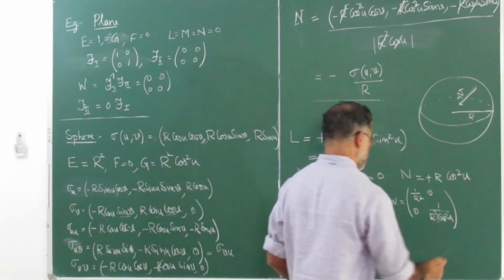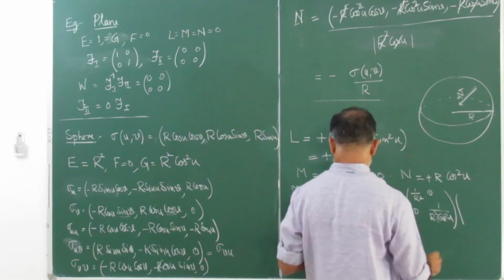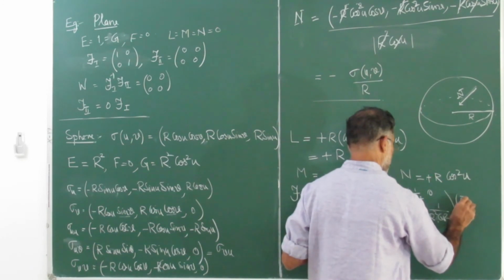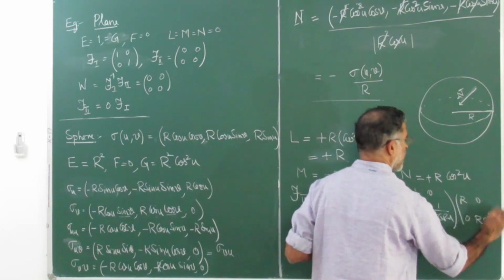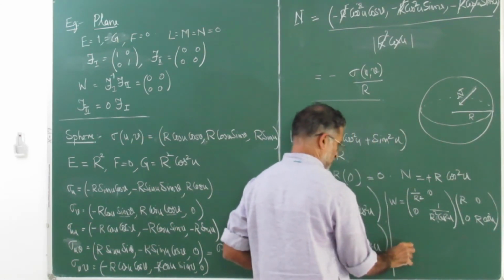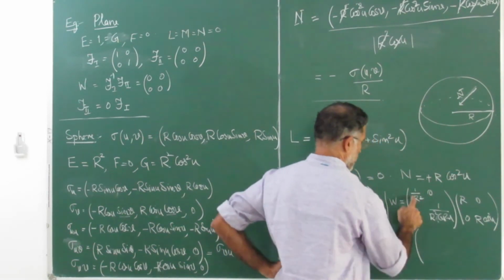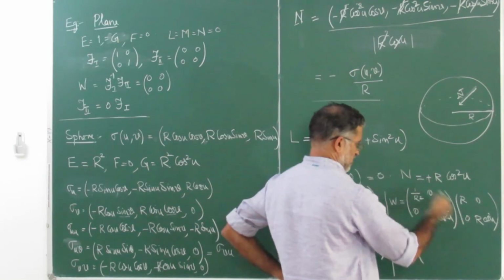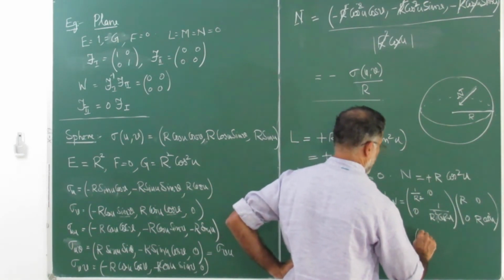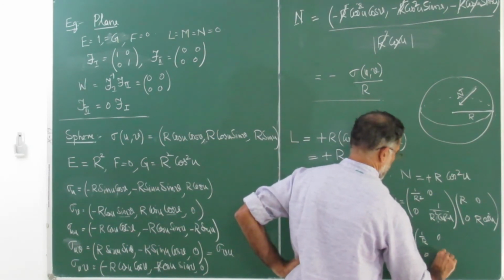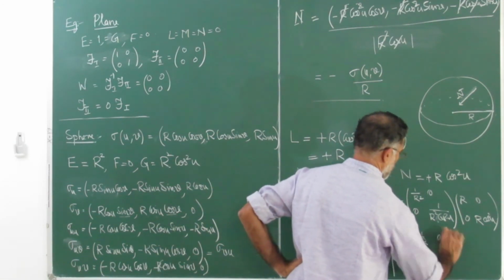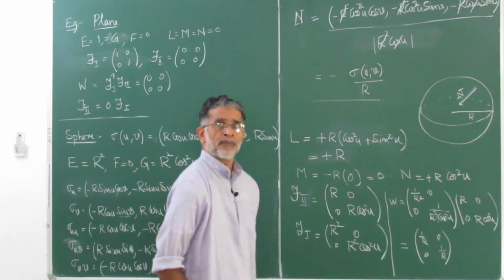And what is F2? F2 is R 0 0 R cos square u. And what is the product? Just diagonal matrix, so multiply by the diagonal. So here is 1 upon R 0 0 1 upon R.